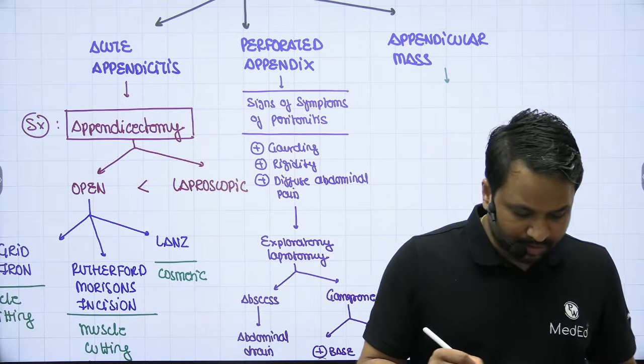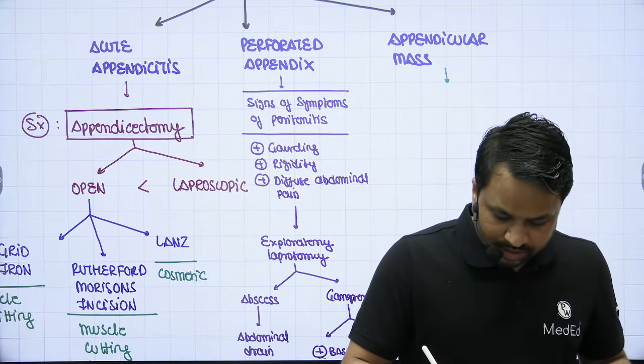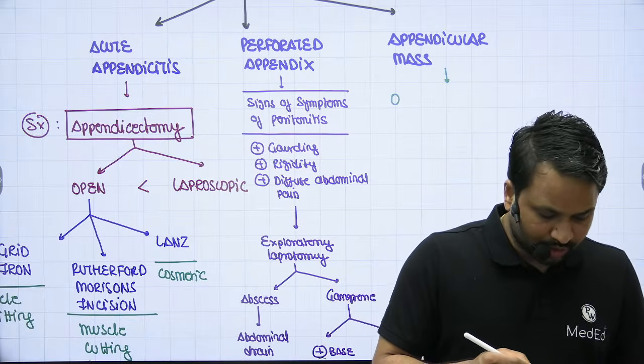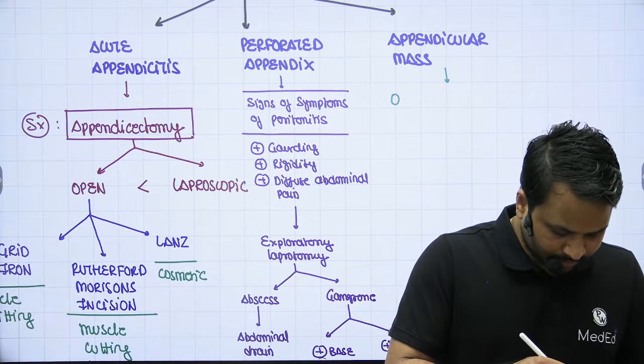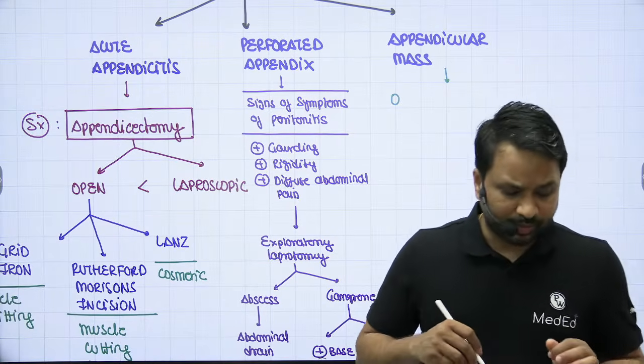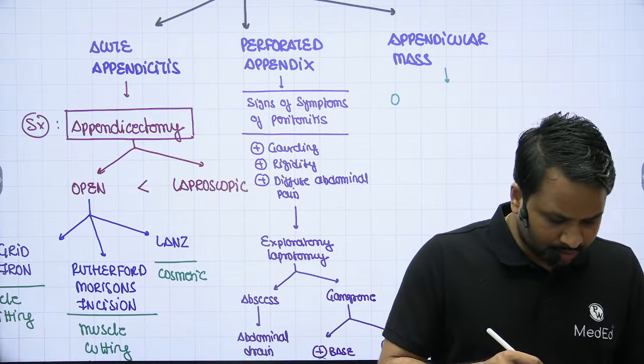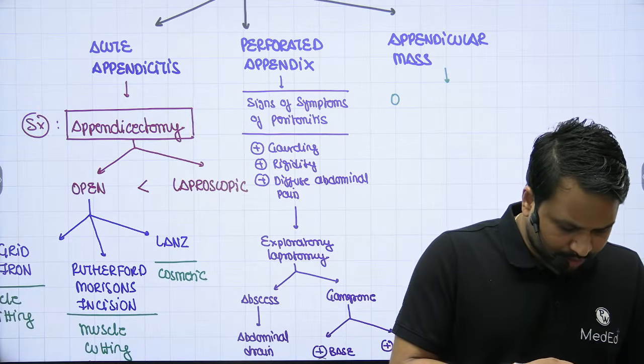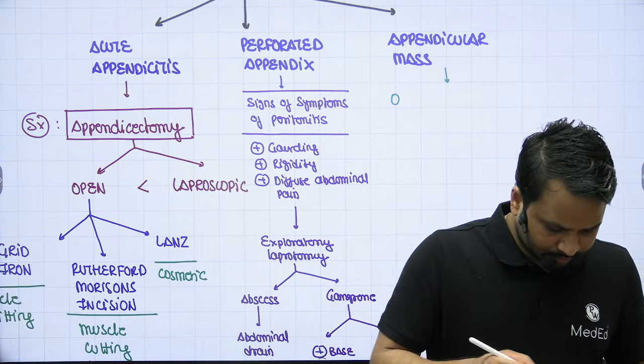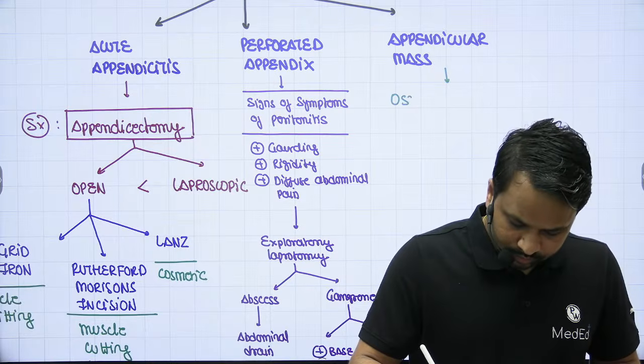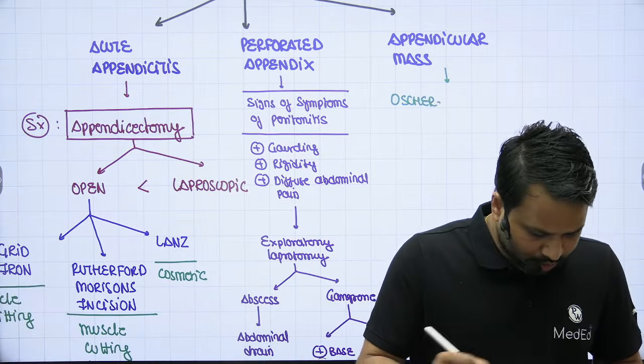Now, if a patient presents to you with an appendicular mass, then you have to follow something called the Ochsner-Sherren regime.